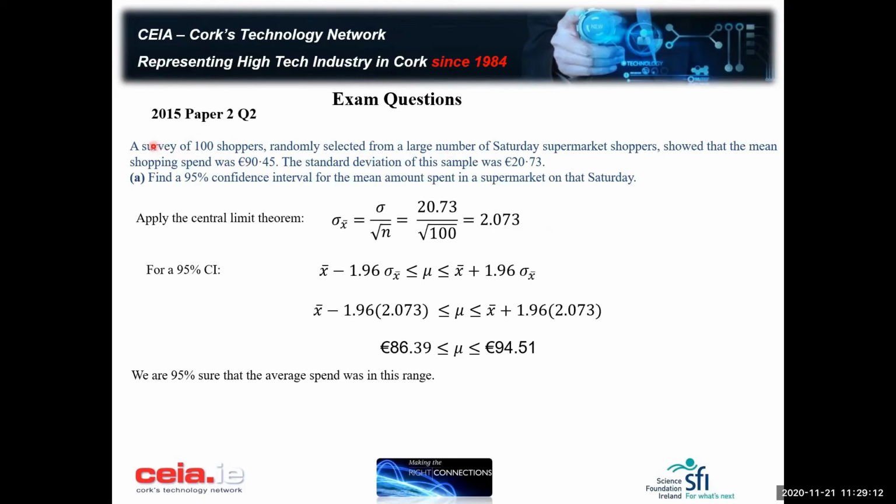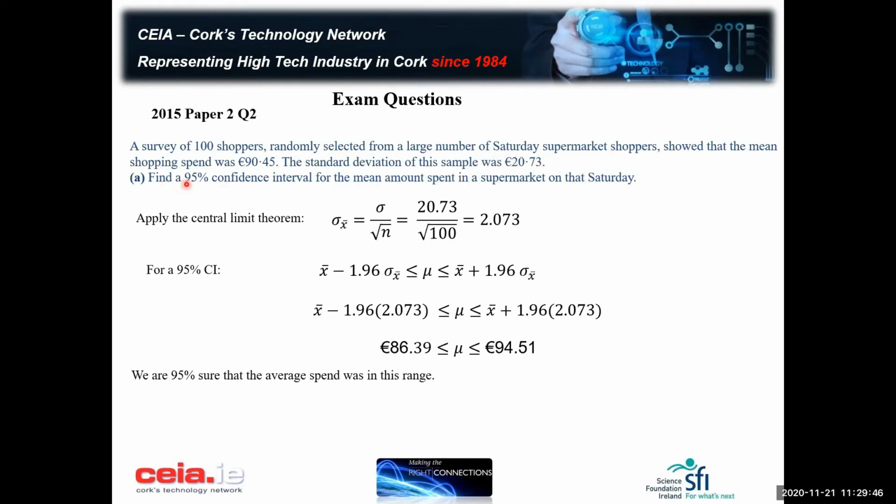And they find that the sample mean was 90.45. Now we don't know what the mean for the whole population was, but for the sample, the mean was 90.45. And the standard deviation of this sample, which you can use as an approximation for the standard deviation of the full population, is 20.73.